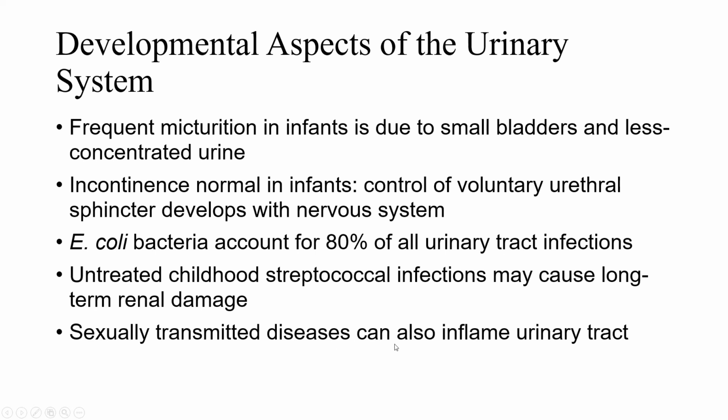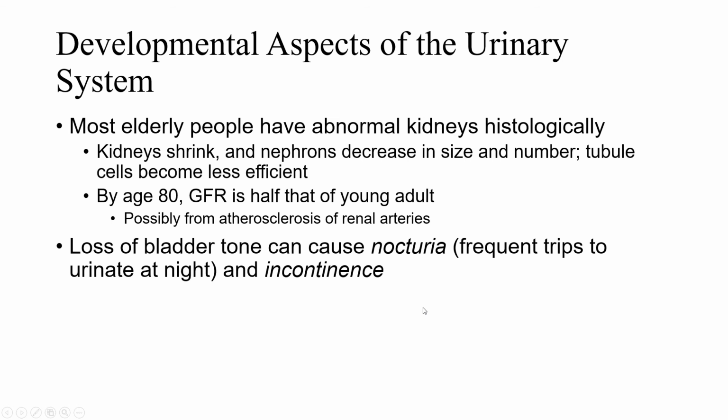And this is more common in males because the urinary tract and the reproductive tract of males are continuous with one another, whereas in females, you have a separate opening for the urinary tract and the reproductive tract. Of course, most elderly people have abnormal kidney histology, and the kidneys will start to shrink and the nephrons will decrease in size and number. And so the tubule cells become less efficient.